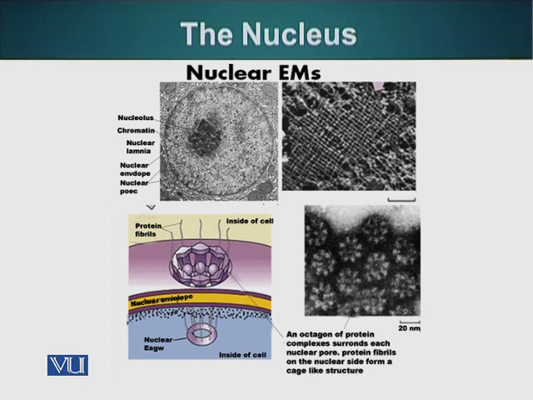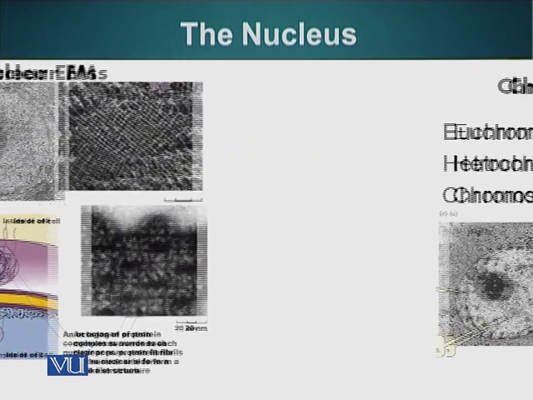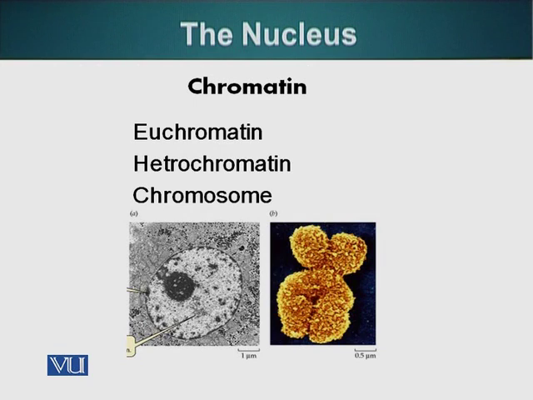Now we will come to what is the major content of the nucleus. It is the nucleic acid. As we know, the nucleic acid or the DNA is arranged in chromosomes inside a eukaryotic nucleus. During cell division, this chromatin, this DNA, is condensed and it forms discrete structures called chromosomes.